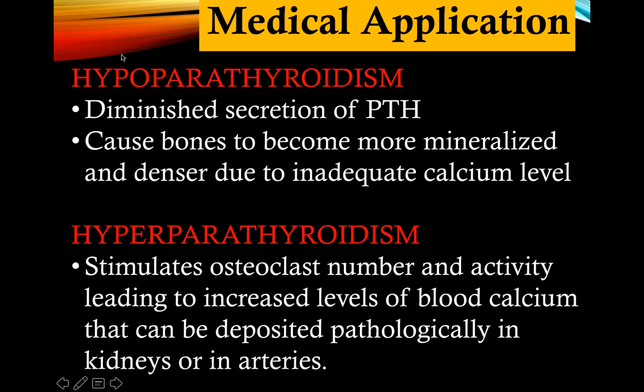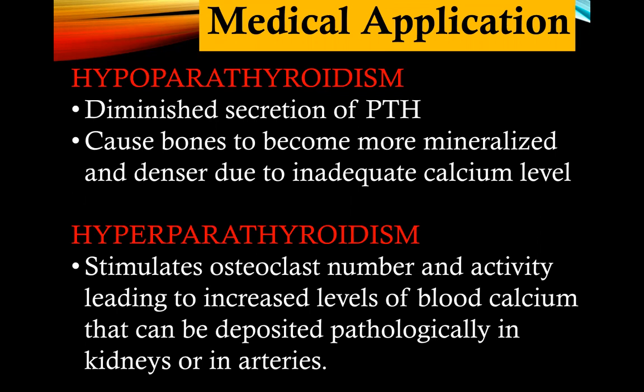Thus, hypoparathyroidism will cause the bones to become more mineralized and denser due to inadequate calcium levels. Okay, what about hyperparathyroidism? If there is hyperparathyroidism, there will be stimulation of your osteoclast number and activity, which will lead to increased levels of blood calcium.